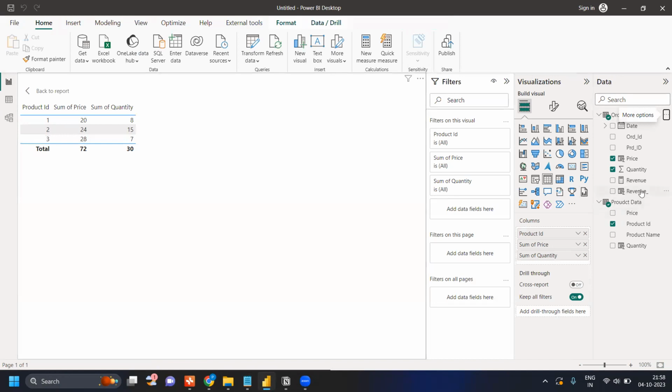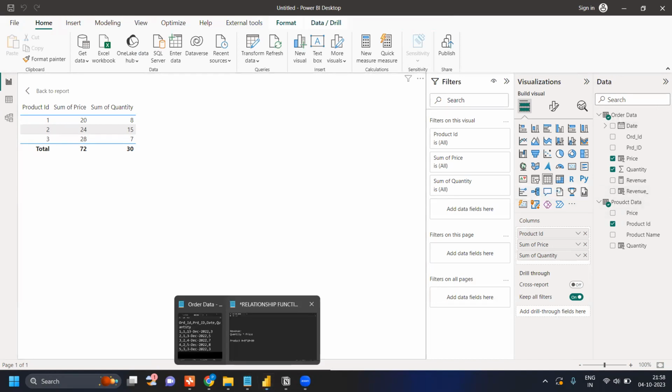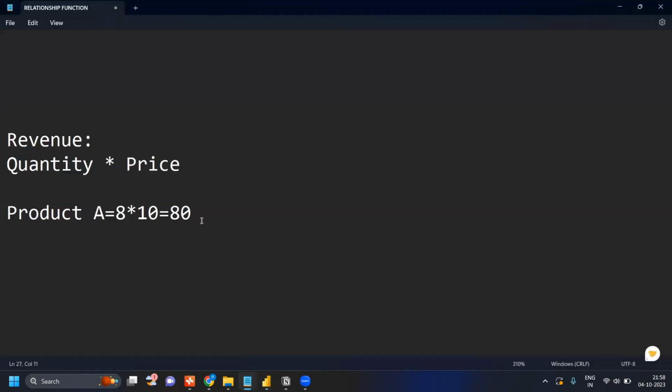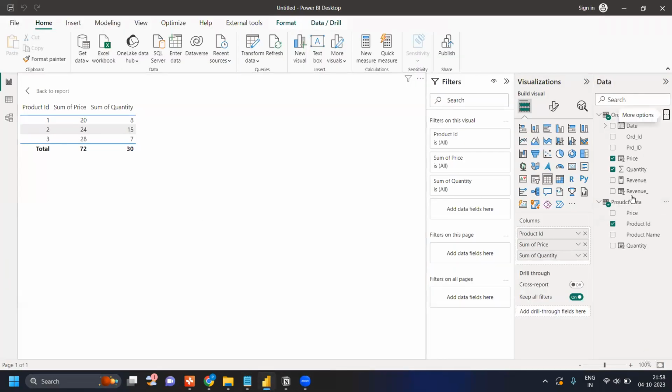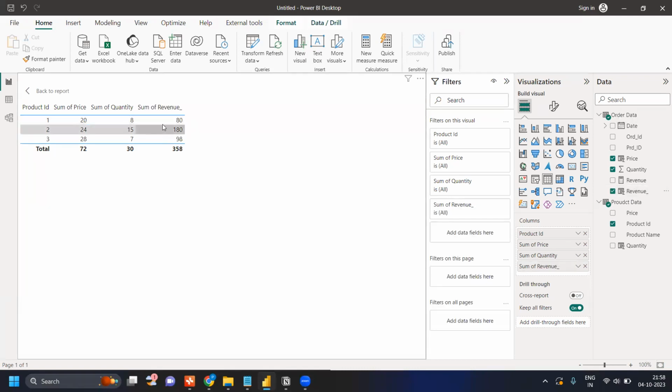Already we created an expectation. Our expectation for product A is 80 rupees. And I drag and drop here. The product one is 80 rupees. So our expectation is right.